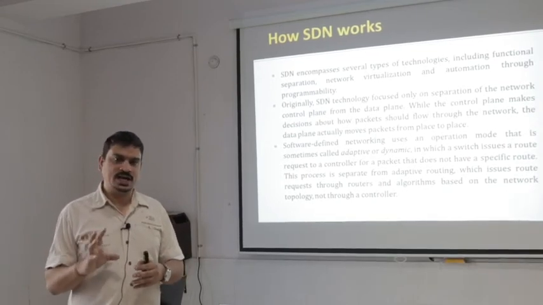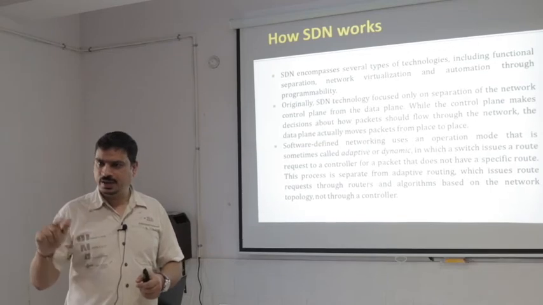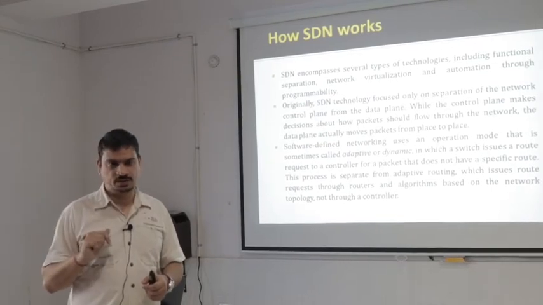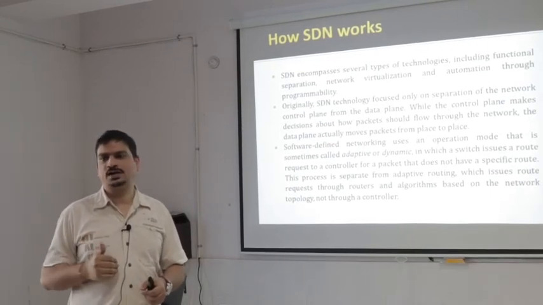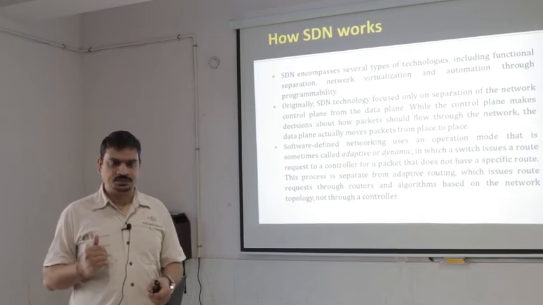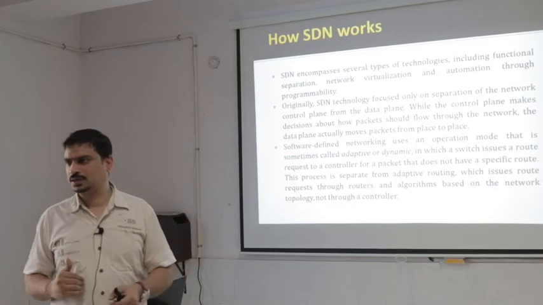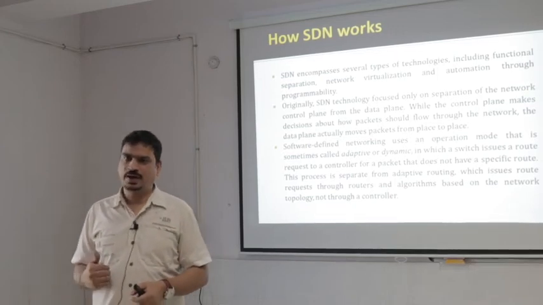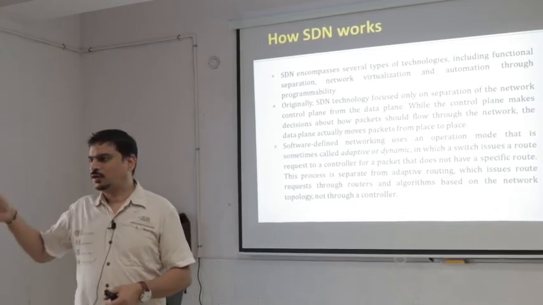The control plane will decide how data should be routed in the network. So the routing part will be done in the control plane, and depending upon the decision taken by the control plane, the data will flow accordingly.